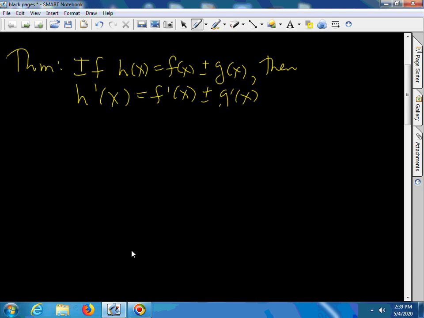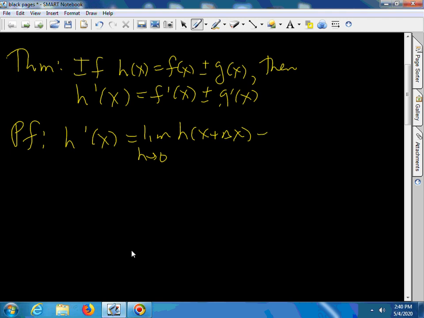And as always, we do the proofs by definition. H prime of x is equal to the limit as h goes to 0 of h of x plus delta x, plus h minus, maybe in this problem I'll use delta x.